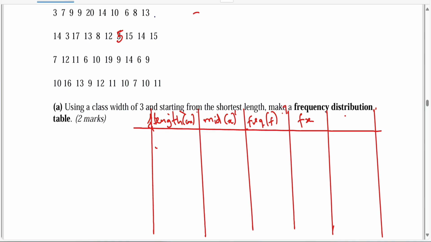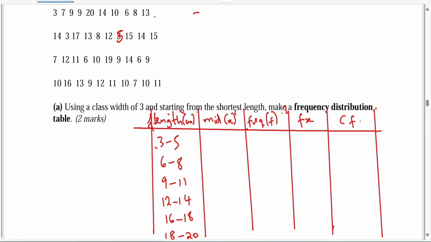I think ukitaka unaweza add cumulative frequency, but it's not a must for this question. So the length in centimeters. So starting from 3 to 5, then skip 1 because it's a discrete data. So 6 to 8, and then we have 9 to 11, then 12 to 14, 15 to 17, and the last one being 18 to 20.